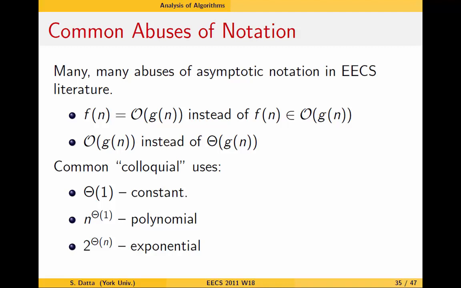But again, in computer science, people have sort of abused notation a little bit, and we will call n to the power any constant a polynomial. 2 to the power anything times n, or an plus b, we will call exponential, even though, again, strictly speaking, an exponential is 2 to the power n, or 2 to the power 3n at most. I mean, some constant times n, not some constant times n plus some other constant.